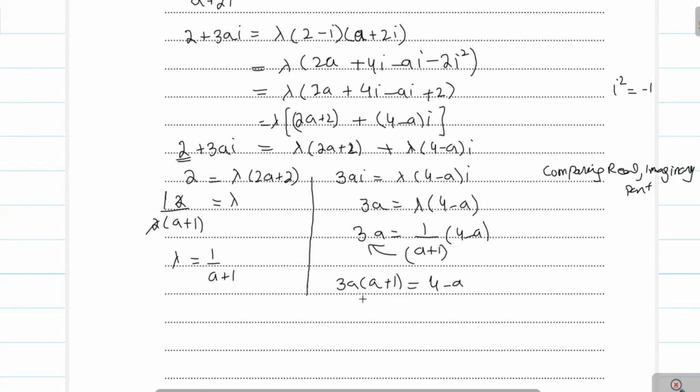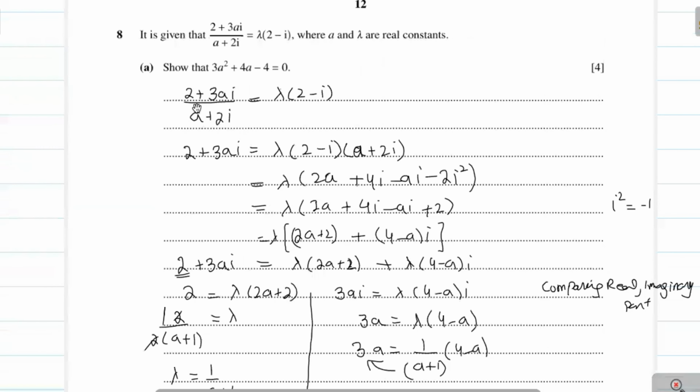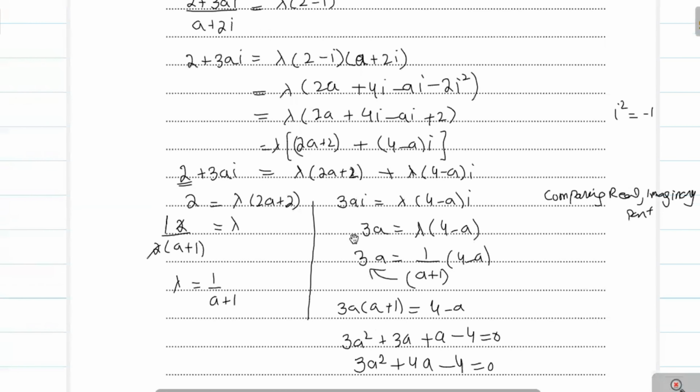Now we multiply 3a into a is 3a square plus 3a. Minus a shifted from right to left side becomes plus a, minus 4 equal to 0. We write 3a square plus 4a minus 4 equal to 0, and this is the equation we had to prove.